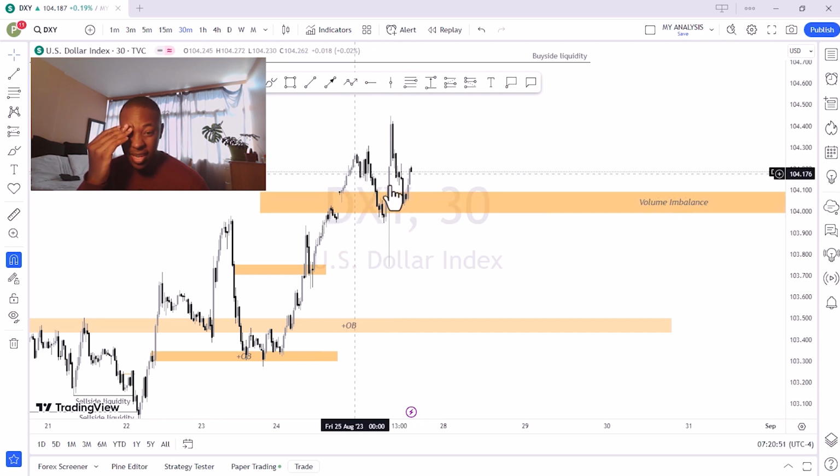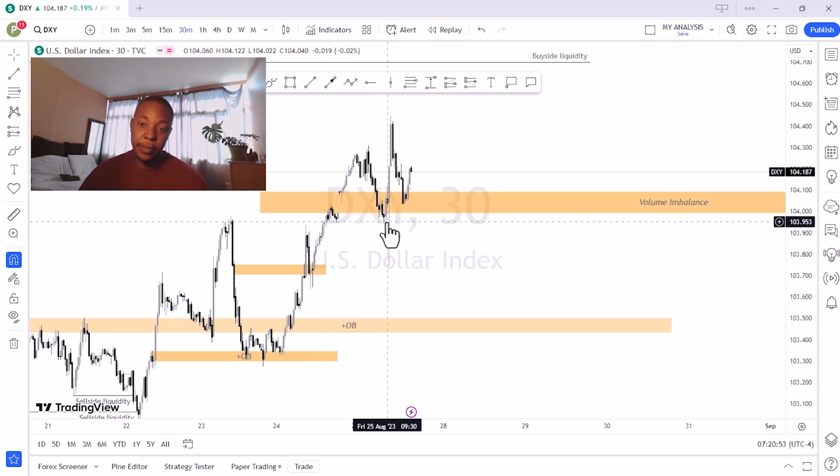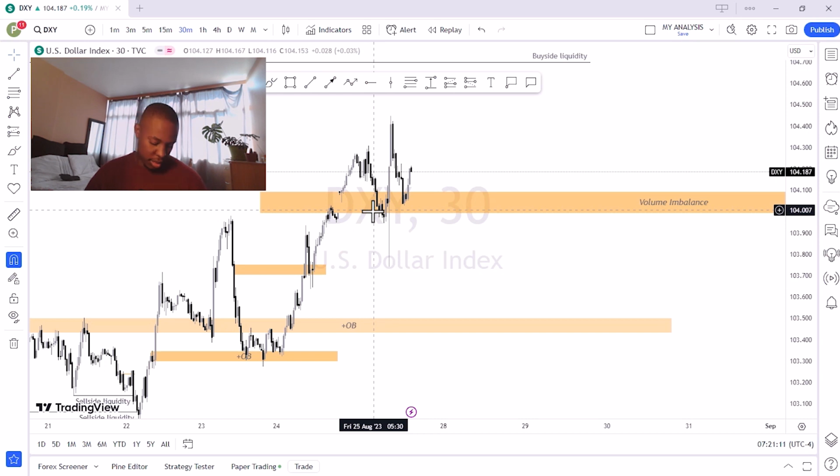So with that being said, I looked at Euro USD and GBP USD, just to see what we're looking at for the day.